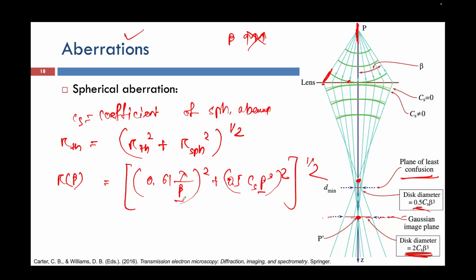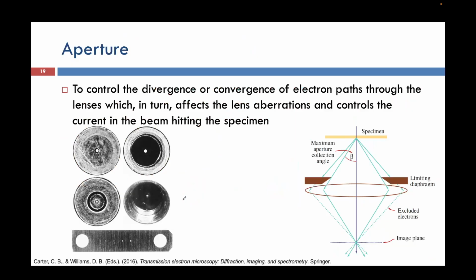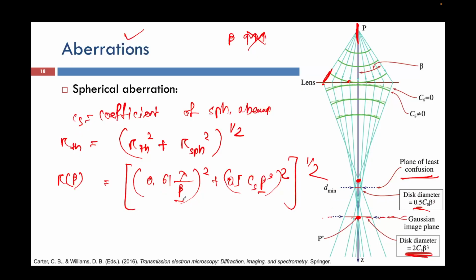Now, if we want to calculate the optimum beta angle for our material, we can calculate the derivative and set it to 0, so that we get the optimum radius of the Airy disk for which our aberration will be as minimal as possible.